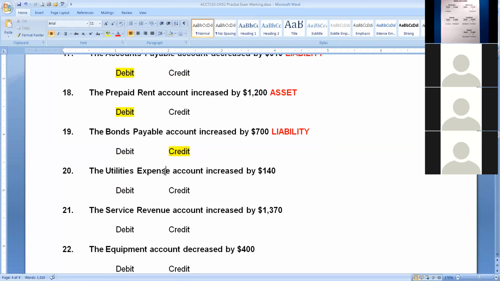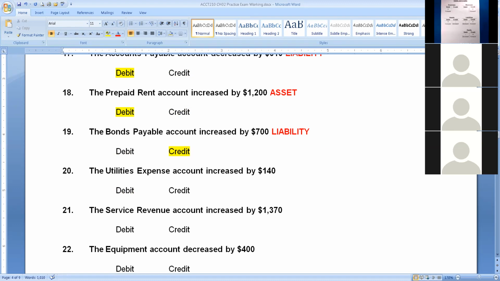Yes, it's exactly right. They're telling you from their point of view. So if the bank says we're crediting your account, that means they're increasing their liabilities. They owe you more money. From your point of view, it's a debit, an asset going up. They're telling you from their point of view rather than your point of view.